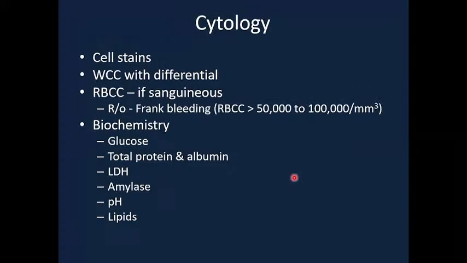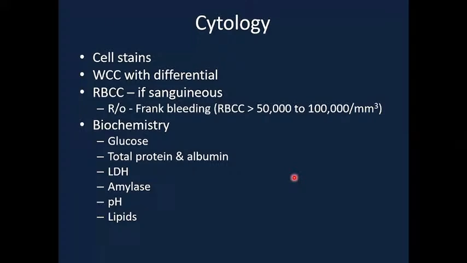So after you have grossly examined the fluid, then you need to send it to the lab for analysis. And the analysis is very systematic. So you want to send an amount of fluid to cytology and another to biochemistry, and also to microbiology.